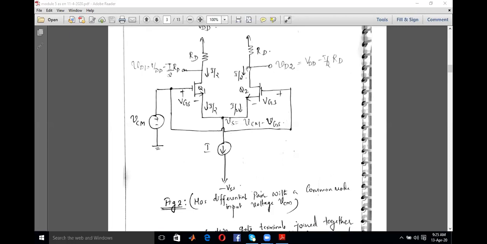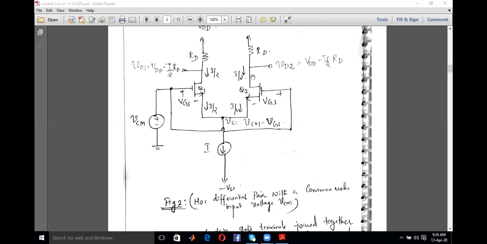So what is the output voltage, or the potential difference between these two terminals? I already told you this is a double-ended amplifier, not a single-ended one. Double-ended means you are taking the output from one terminal with respect to another terminal.